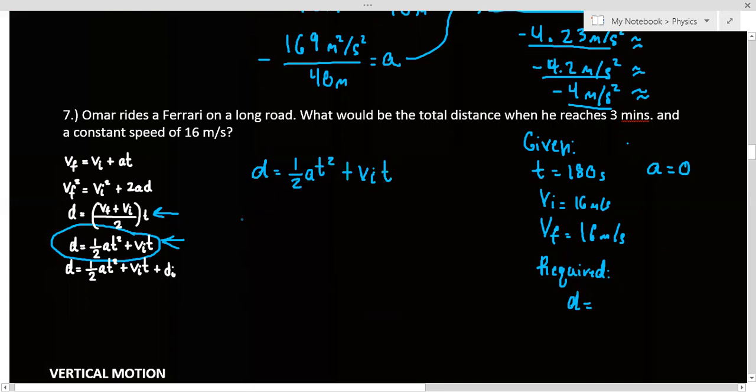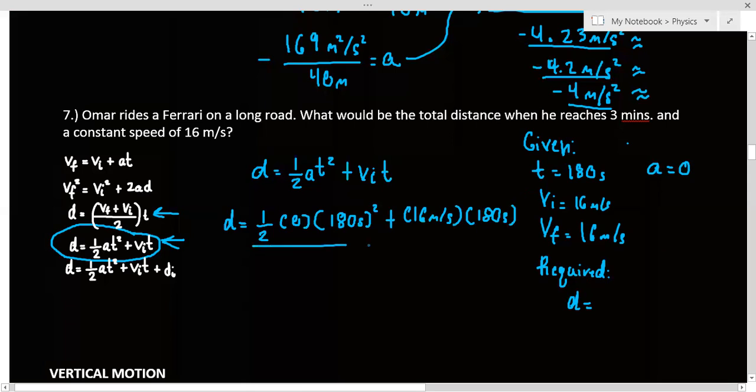The d, which is the displacement, is what we're looking for. 1/2 times the acceleration, which is 0, times t, which is 180 seconds, squared. Then plus the initial velocity, which is 16 meters per second, times t, which is 180 seconds.